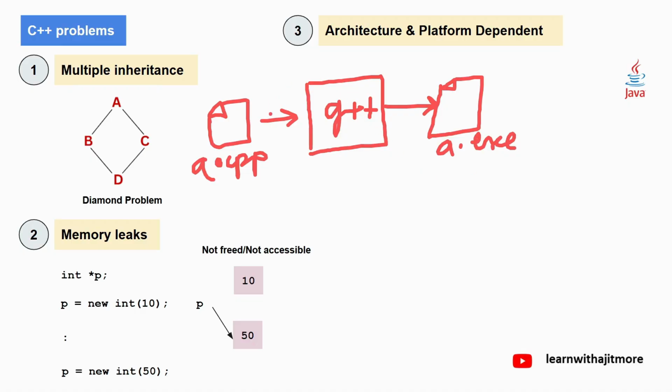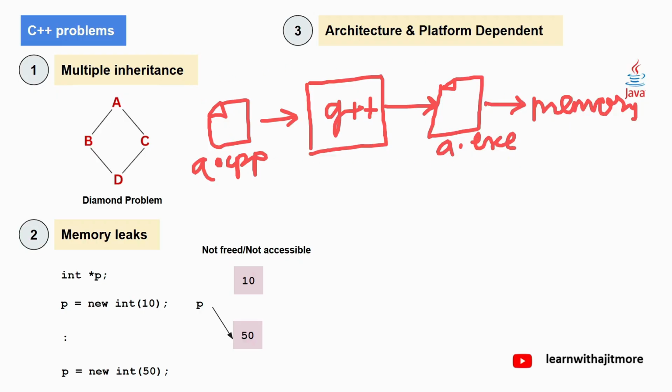Now this executable is also a file, also stored on the disk. Once you compile it, you can execute it any number of times. Then you load it in memory, and the CPU will take charge of it and execute it.